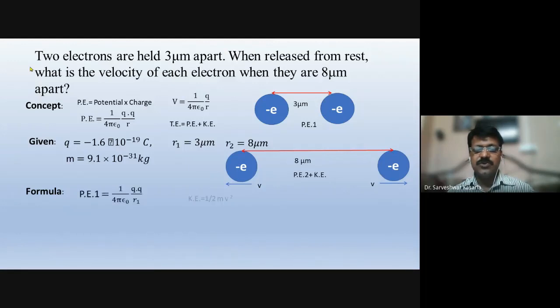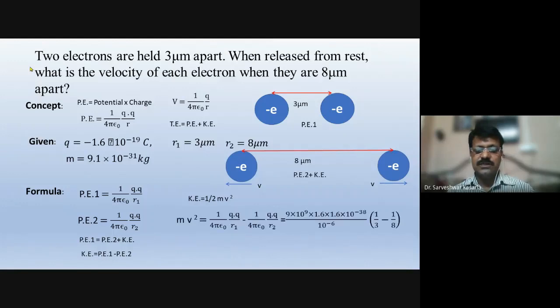So here potential energy 1 is given like this, and the kinetic energy of an electron is half mv square, and potential energy 2 is given as this, because the distance between the two electrons in the second case is r2. So potential energy 1 is equal to potential energy 2 plus kinetic energy. Therefore kinetic energy is equal to potential energy 1 minus potential energy 2.